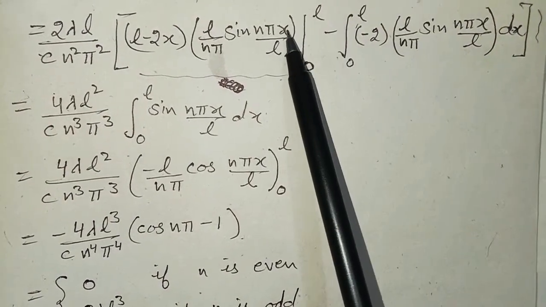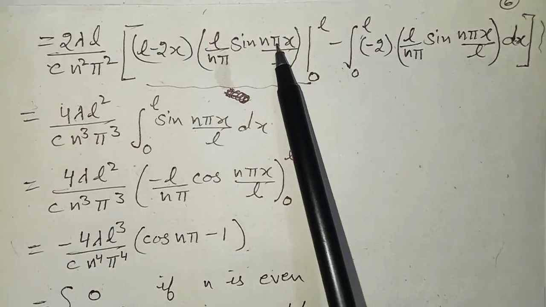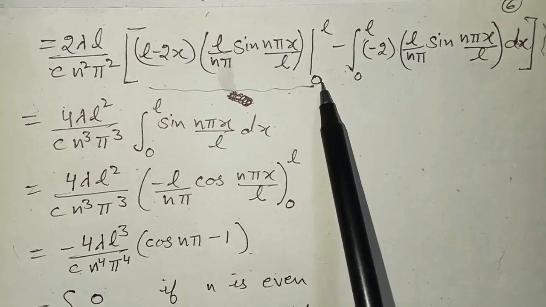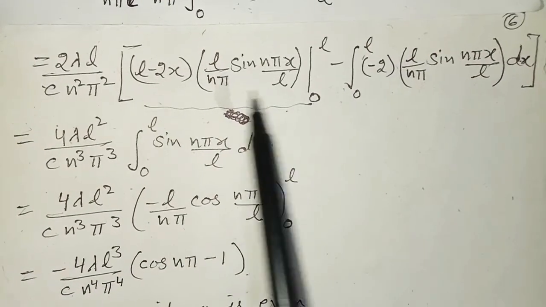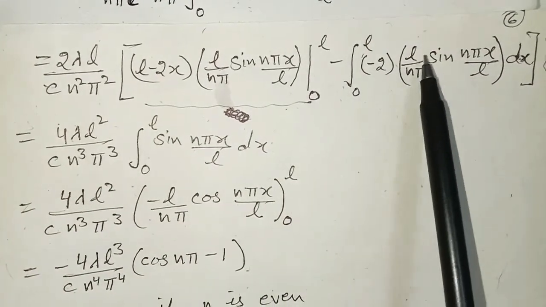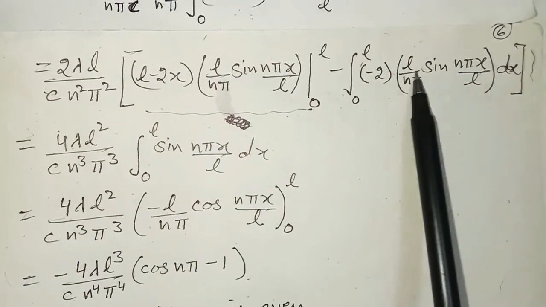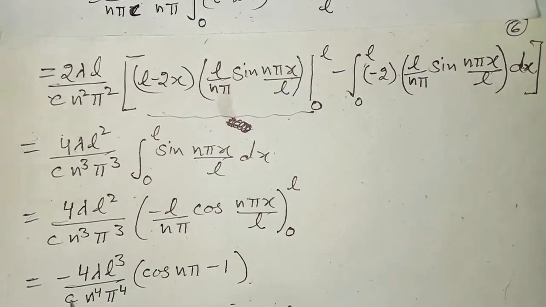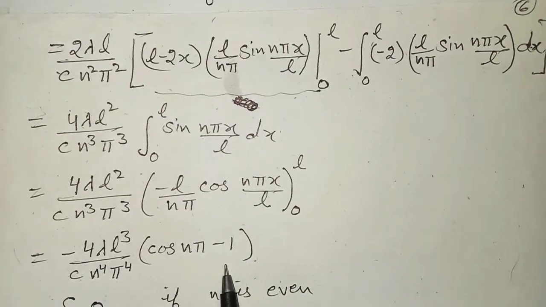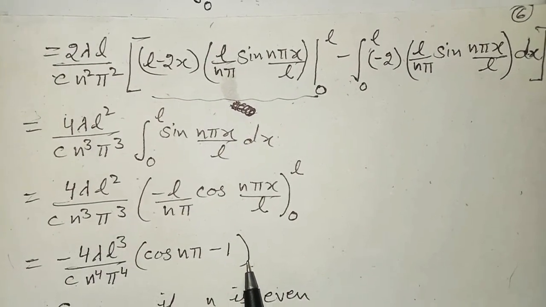Now again when we put x is equal to L, sin n pi is 0, and when x is equal to 0, again this is 0. Again there is not any contribution for this term, so we are left with only this second part. Integrating this, finally we get this term.